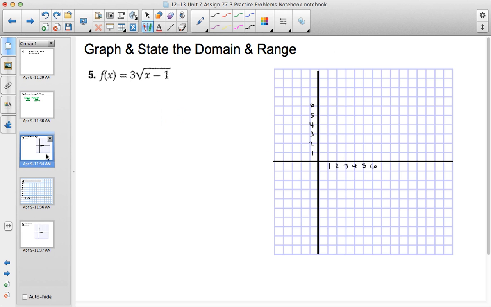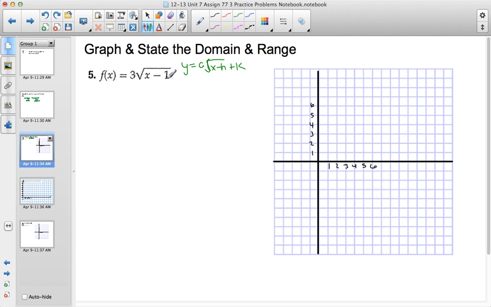Next, let's look at number 5. I'm finding the domain and range, and I'm also graphing. And so let's talk about a few things here. Remember, we had that base equation f of x equals a times the square root of x minus h plus k. And h is the horizontal shift.